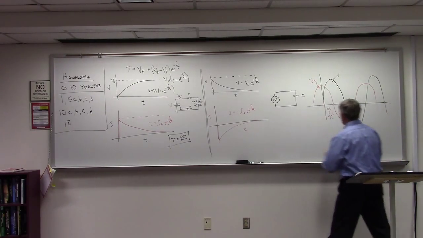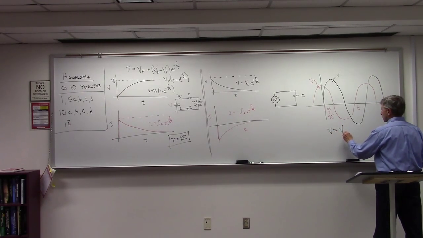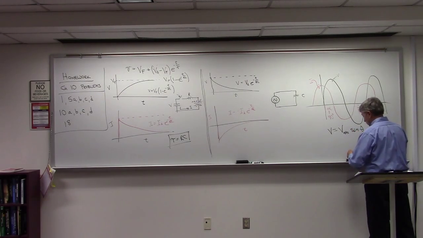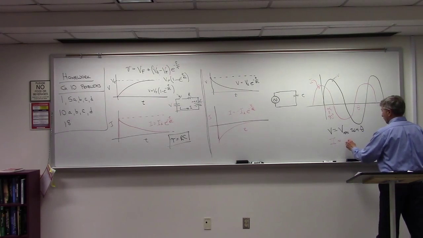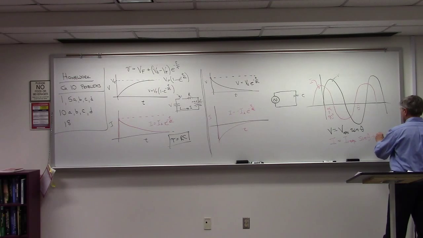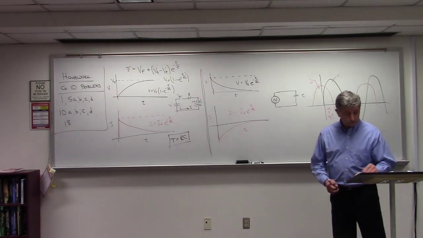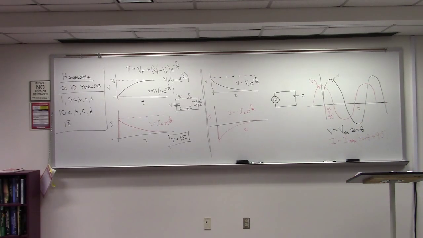So if the voltage is this, the current is this. Current leads voltage by 90 degrees.